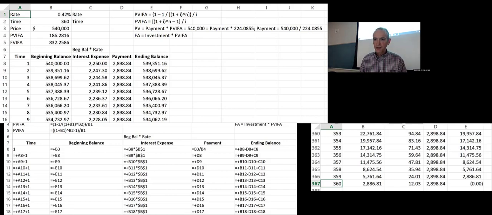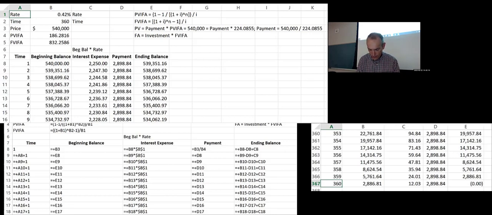The other formulas we need are: the present value equals the payment times the present value interest factor annuity, or the future value equals the investment times the future value interest factor annuity. Here, we know the present value is what? What's our present value? 540,000.